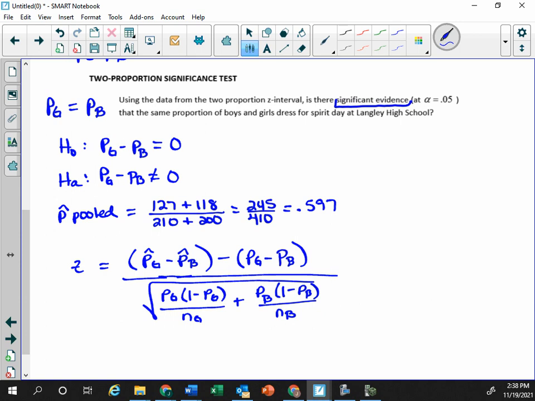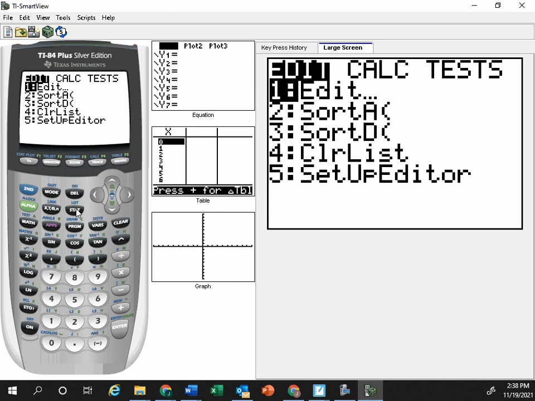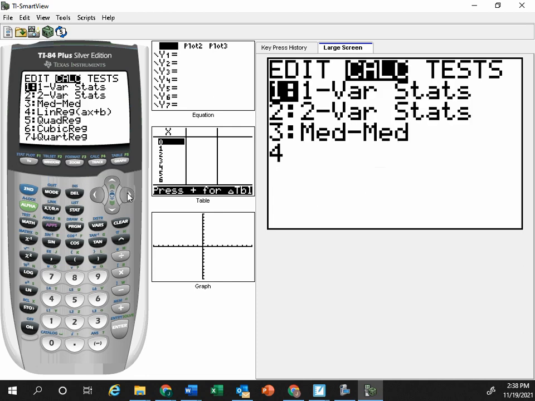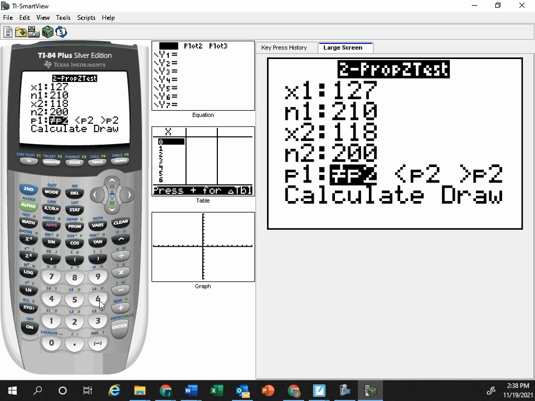All right, so let's go back to our calculator here. We're going back to stats, to test, because we're doing a hypothesis test. What kind of test do you think we are doing? A two proportion z test.